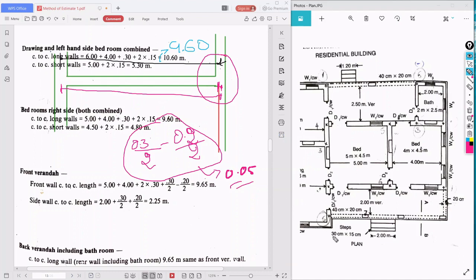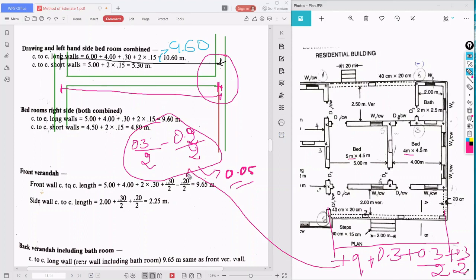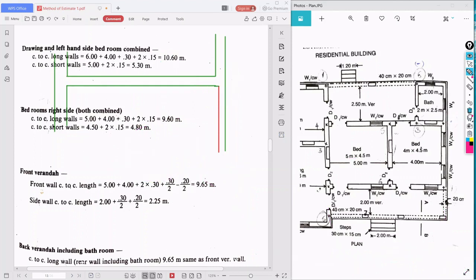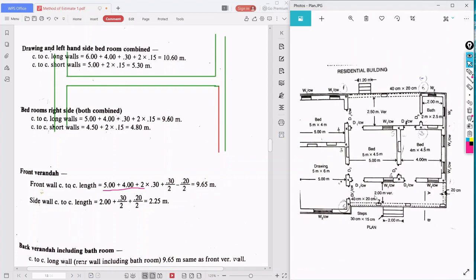So we can now estimate the length of the long wall. From here to the center of the 20 centimeter wall: 5 plus 4 is 9, plus 0.3, that is 9.3, plus 0.3 by 2 plus 0.3 by 2.